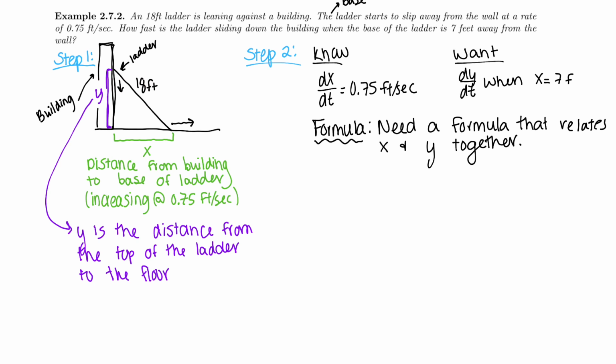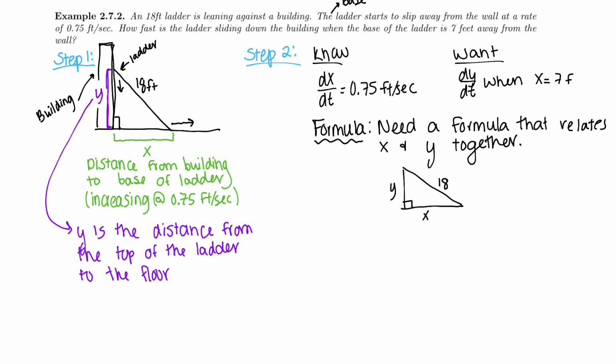So we look at our picture and we think, what in the world could we have that would relate x and y together if we have a picture that looks like this? This is a right triangle.